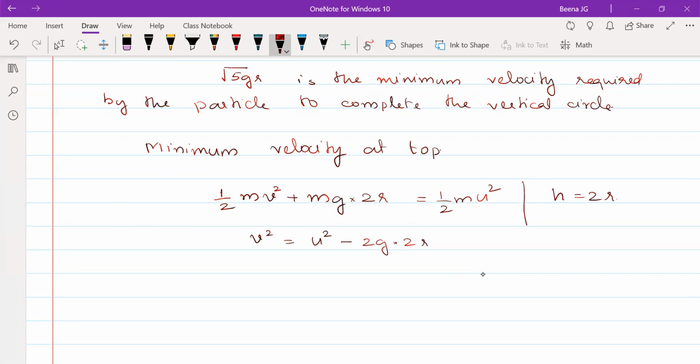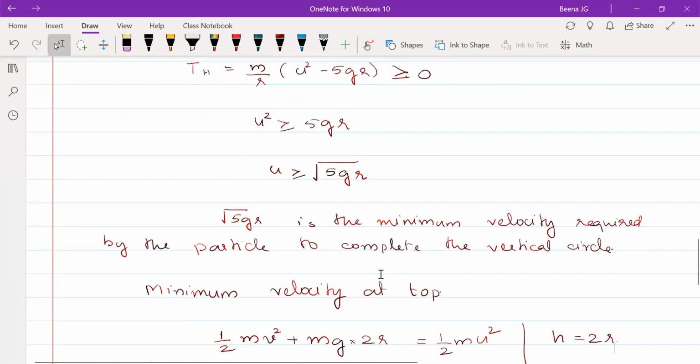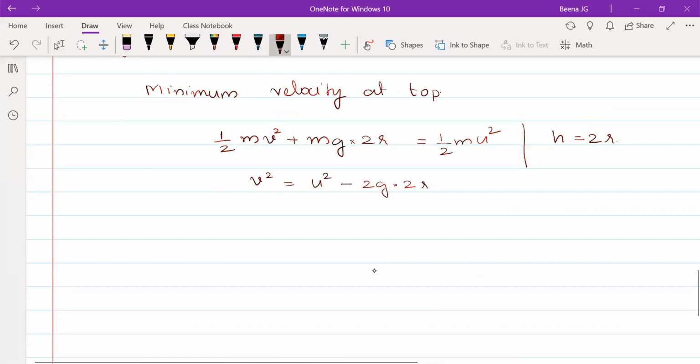And now we have derived the equation for v square. For u, the minimum velocity at the bottom that we were having as root 5gr, in the place of u square we will put 5gr minus 4gr. That will come out to be equal to gr.